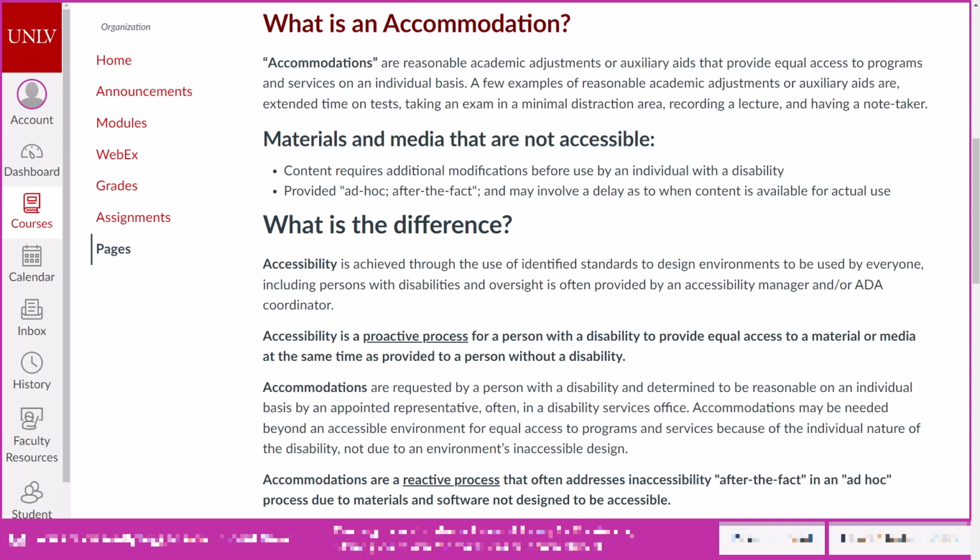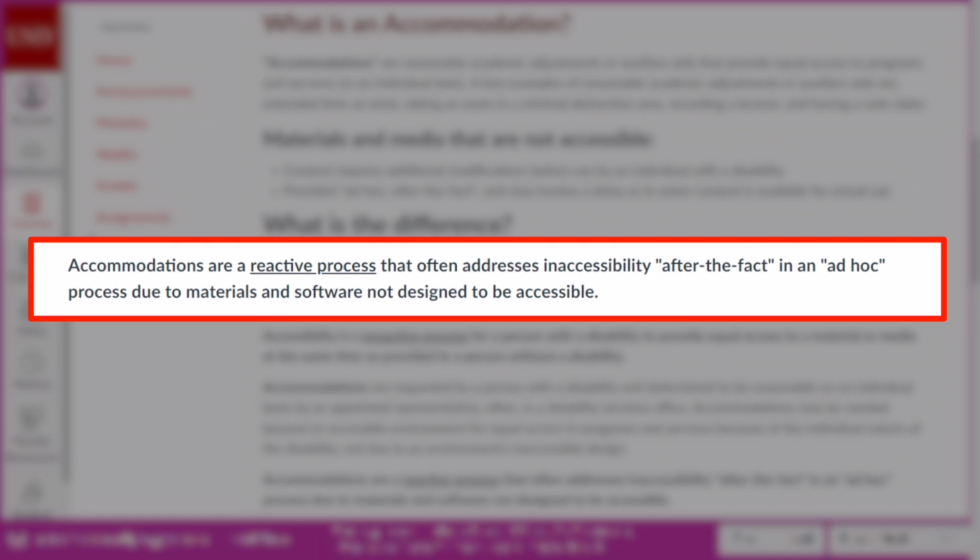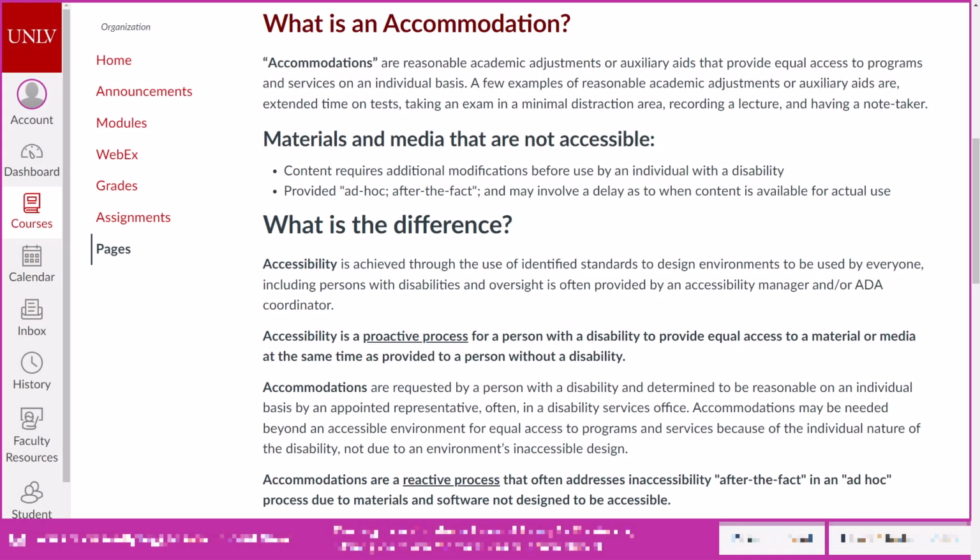Accommodations may be needed beyond an accessible environment for equal access to programs and services because of the individual nature of the disability, not due to an environment's inaccessible design. In short, accommodations are a reactive process that often addresses inaccessibility after the fact in an ad hoc process due to materials and software not designed to be accessible.